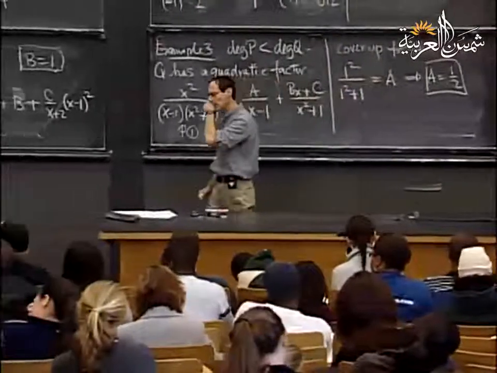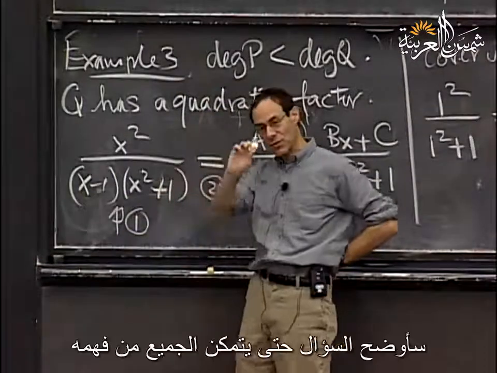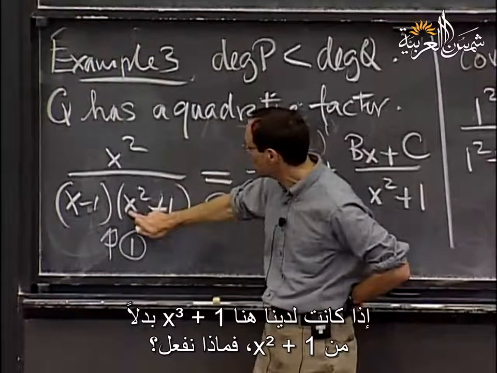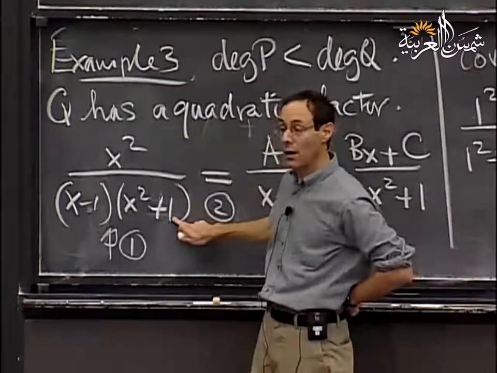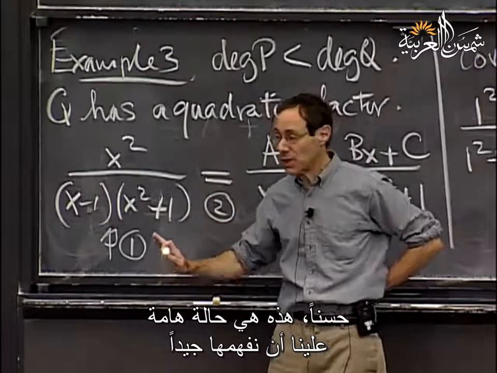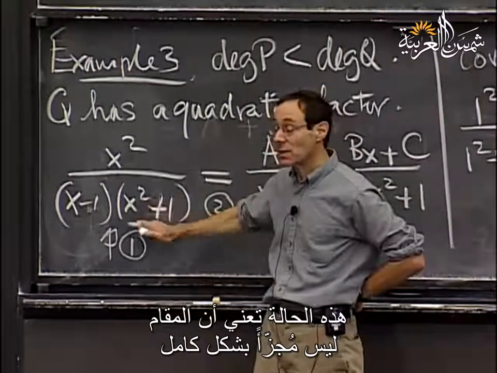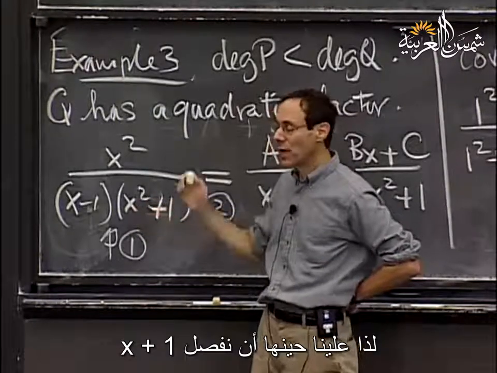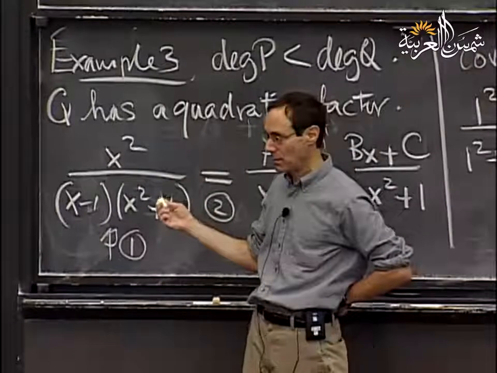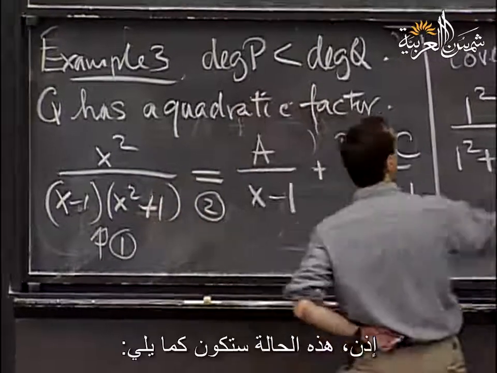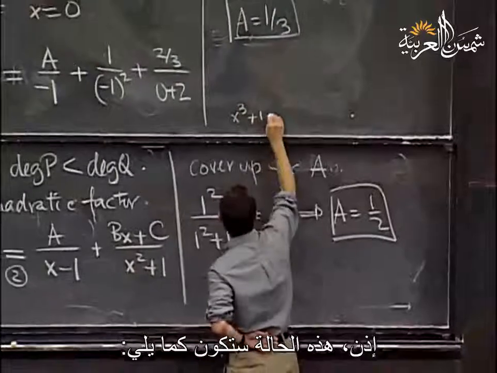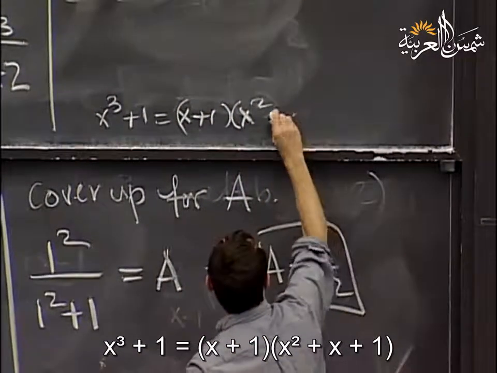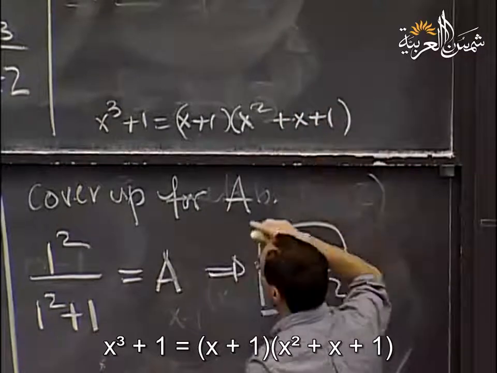Yeah, another question. The question is the following, so now everybody can understand the question. If this, instead of being x squared plus 1, were x cubed plus 1. All right? That's an important case to understand. That's a case in which this denominator is not fully factored. So it's an x cubed plus 1. You would have to factor out an x plus 1. So that would be a situation like this. You have an x cubed plus 1, but that's x plus 1 times x squared plus x plus 1, this kind of thing.